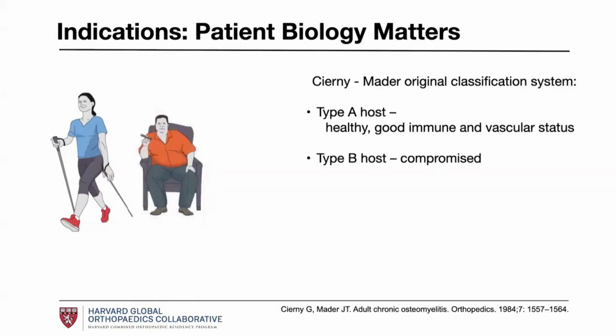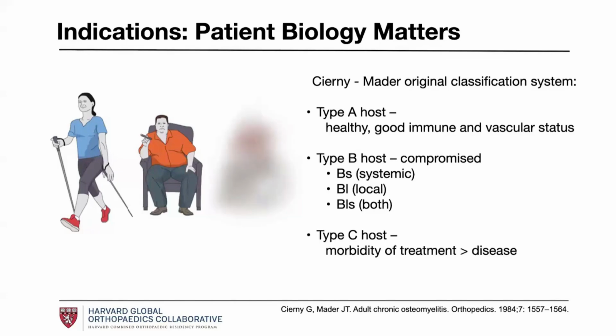And so-called type B hosts are compromised, and they can be compromised at the systemic level with medical comorbidities, at the local level with infection, vascular compromise, things like that, or commonly both. And then the so-called C host, where they're really not an operative candidate and the morbidity of treatment is greater than the disease burden.